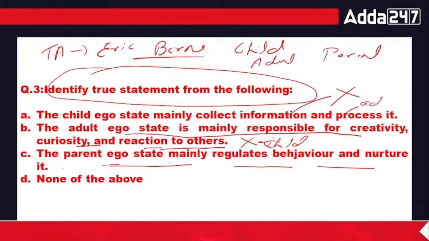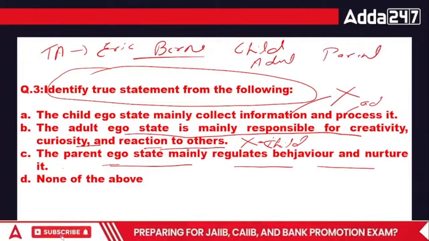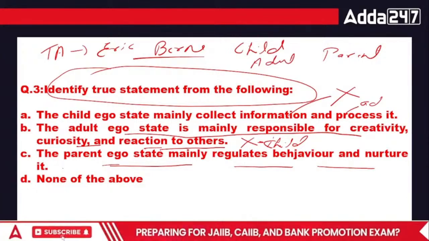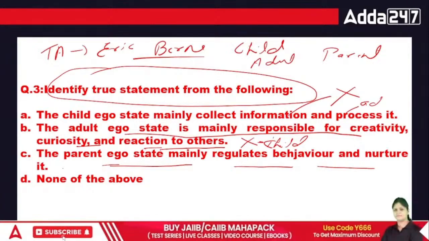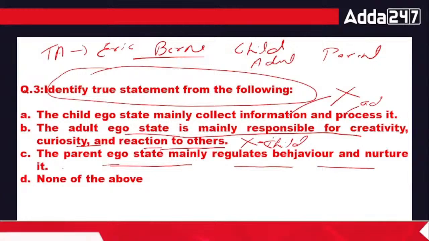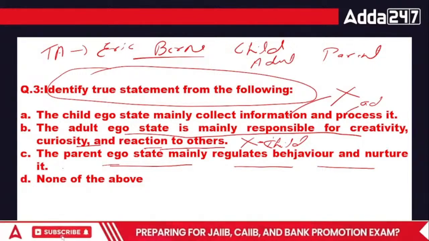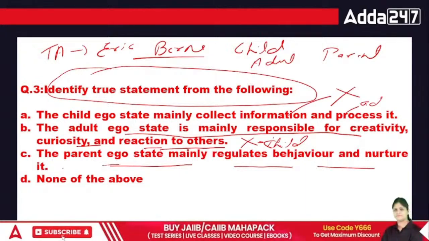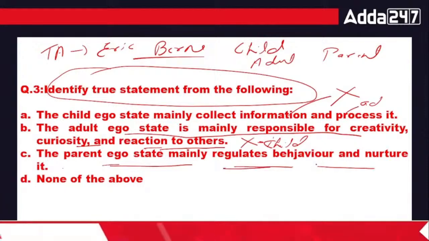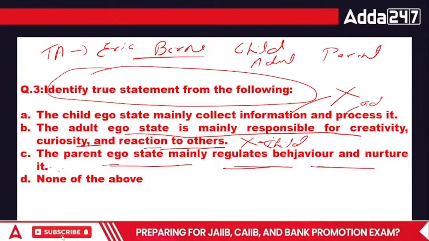So child ego state mainly tells you about your creativity, curiosity and immediate reaction to others. Adult ego state mainly tells you to behave reasonably, right? But parent ego state regulates your behavior and nurtures it. So here the right answer is C.